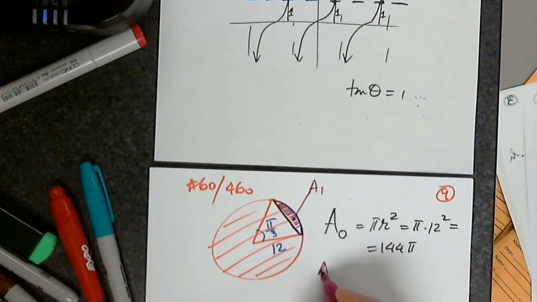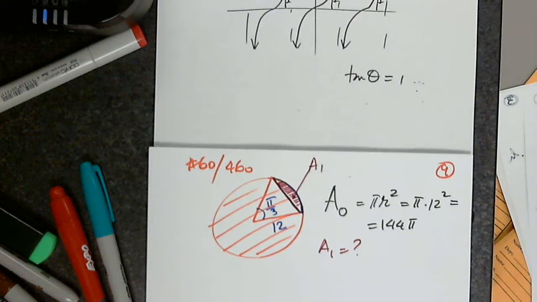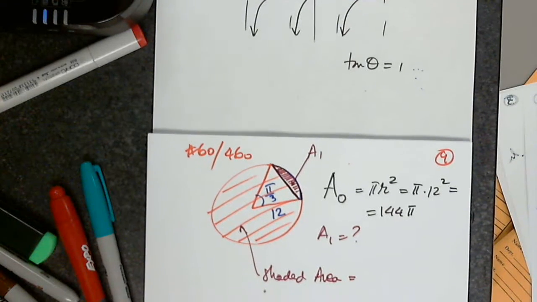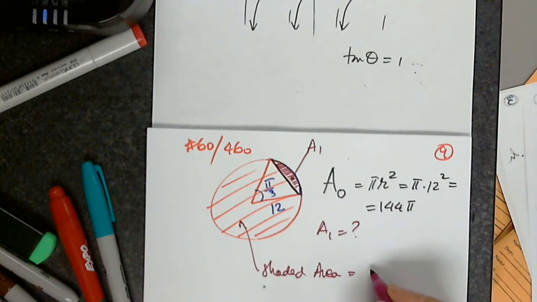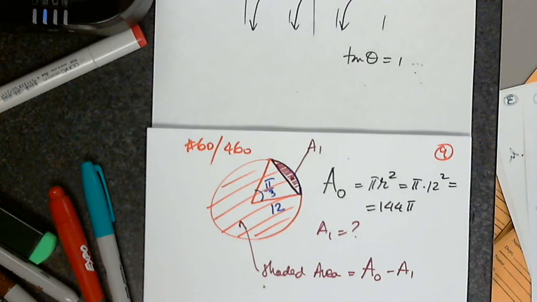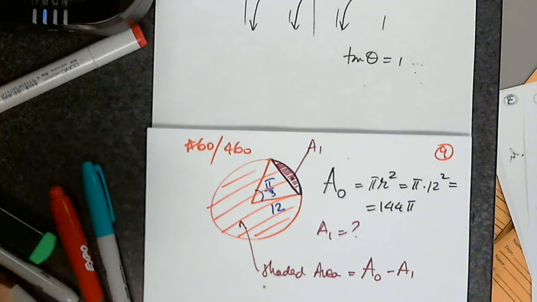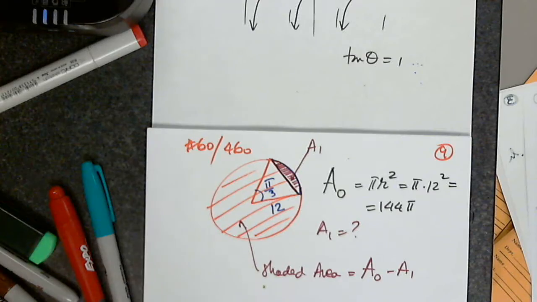If I can determine A1 somehow, the shaded area will be 144 pi minus A1, correct? The entire circle minus that little piece will give me the entire shaded area, correct? Are you with me? Okay, perfect.